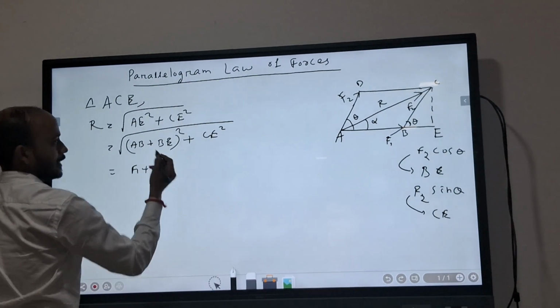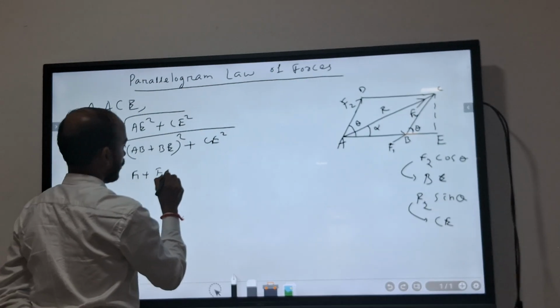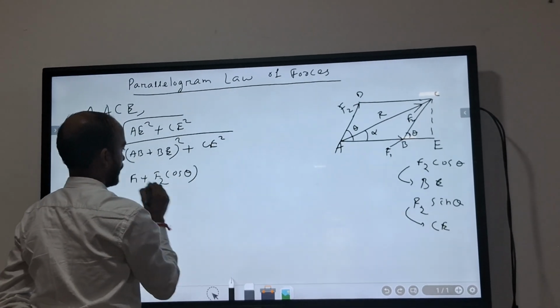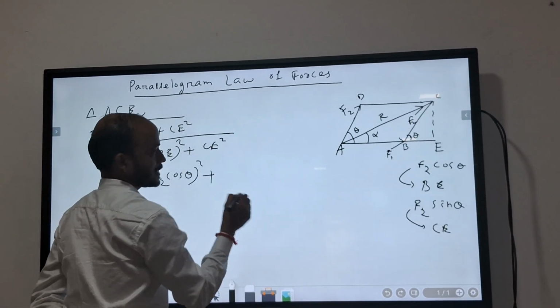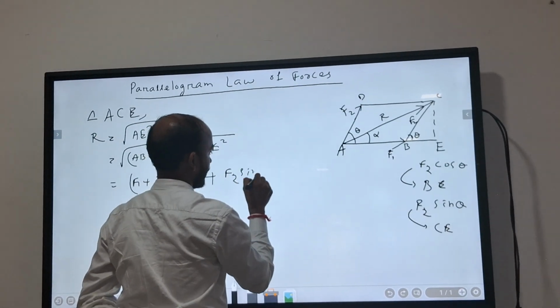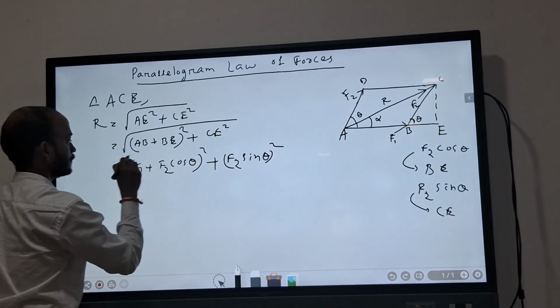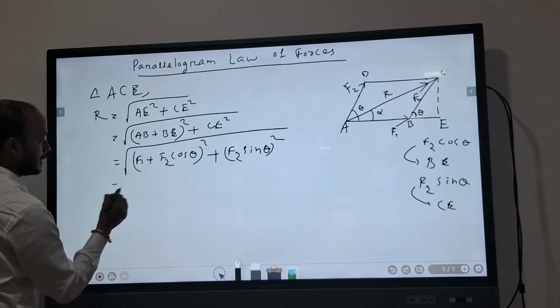Okay, we can write here B is your F2 cos theta, whole square, plus C, F2 sin theta, whole square.